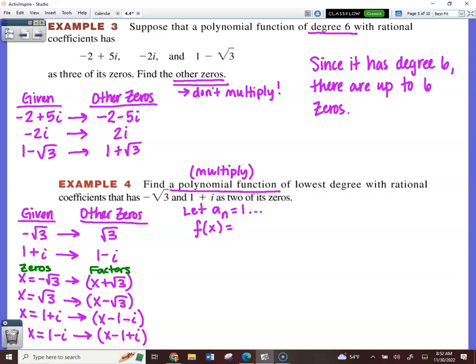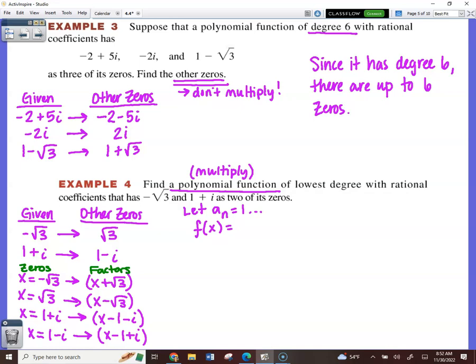And then here you would subtract 1, add i, so you should notice that the only difference is going to be the sign in front of the i part or the radical part. That's by design. Because when we multiply this together, the radicals are going to disappear and the i's are going to disappear.